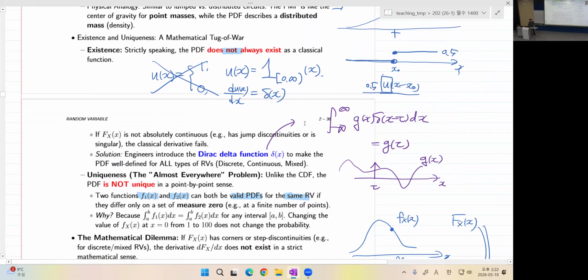And existence and uniqueness is painful because you may replace any value of the PDF on a set of measure 0.